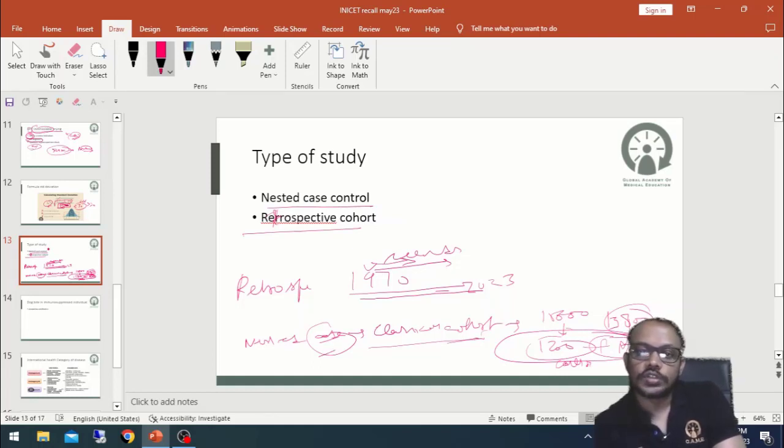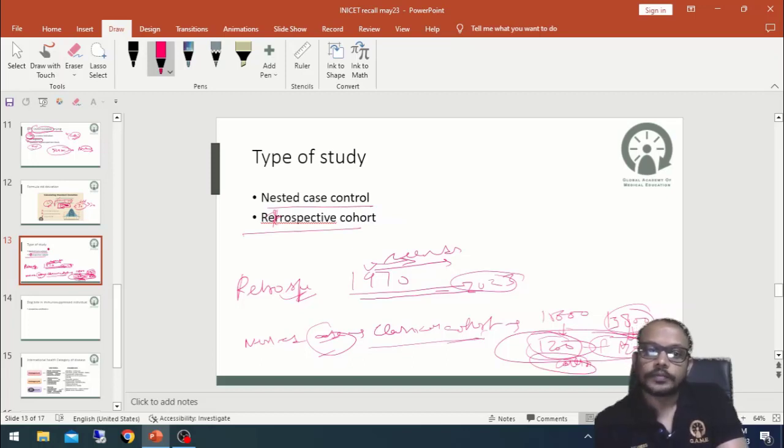If the question is from the past and records were there, and today it is being done from backward to forward, that is called retrospective cohort. And if it is nested in the classical cohort, following from the very beginning, and after that there are cases and we compare them with controls taken from the same sample, it is called nested case control.